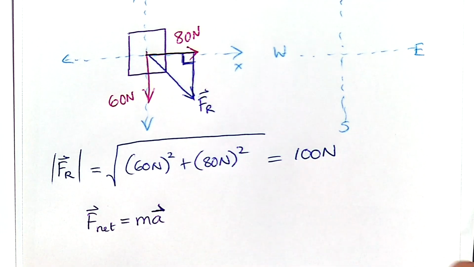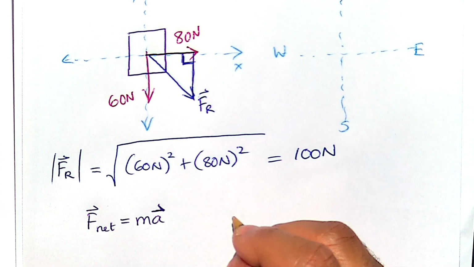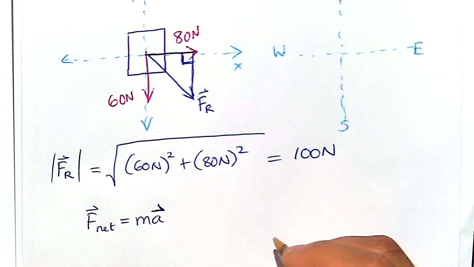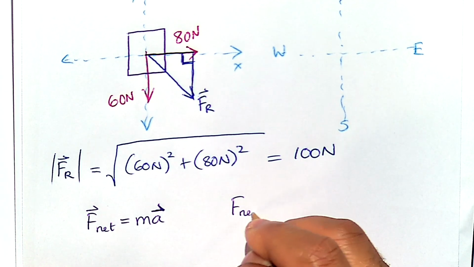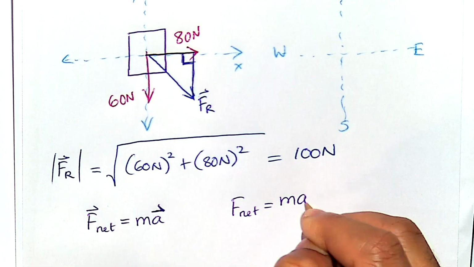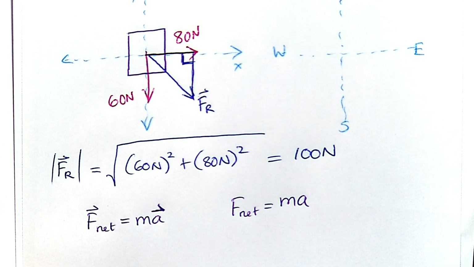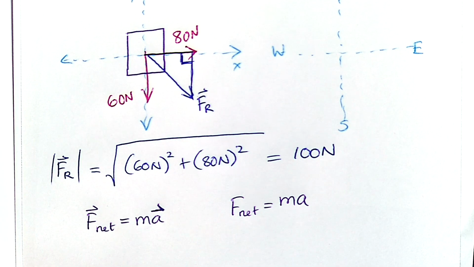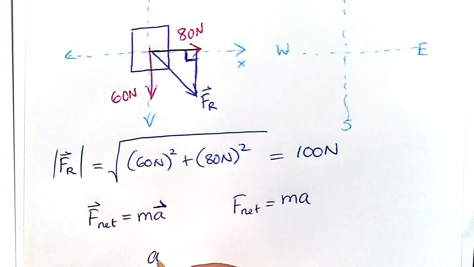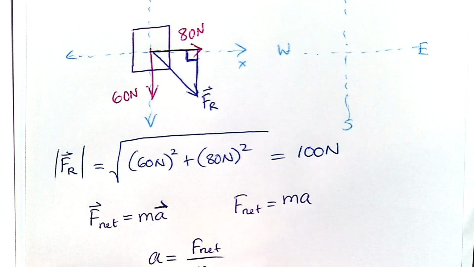Because they are asking for the magnitude, we can say the net force is equal to mass times acceleration, dropping the arrows because I'm just using magnitudes now. So the acceleration is equal to the net force divided by the mass.